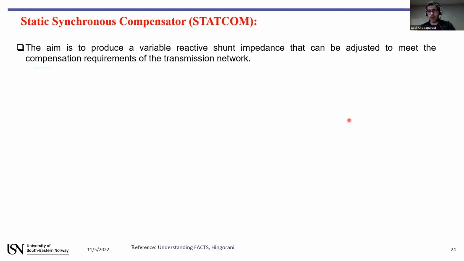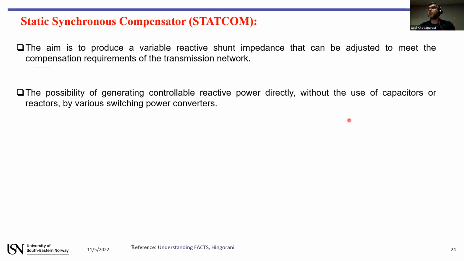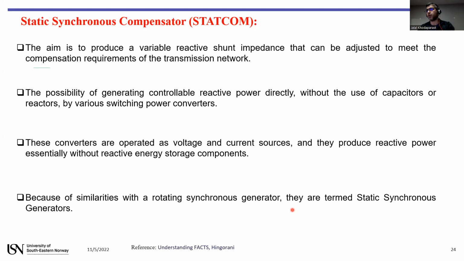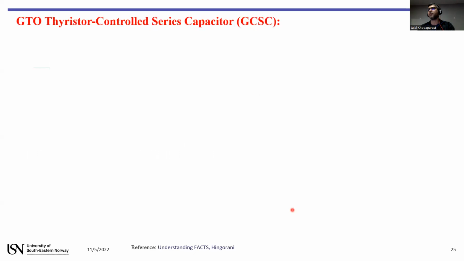The main goal of the FACTS device is to bring controllability to the power system with semiconductors. So there is the possibility of generating controllable reactive power directly without using the big capacitor or reactor, via various switching power converters. These converters are operated as voltage and current source, and they produce reactive power essentially without reactive energy storage components. Because of the similarity with the rotating synchronous generator, they are termed static synchronous generator.